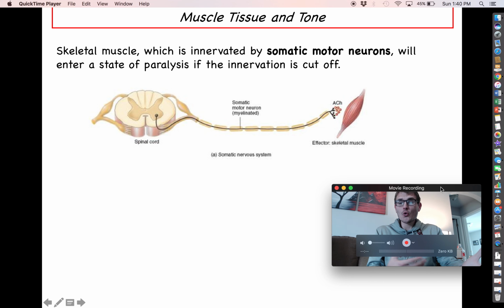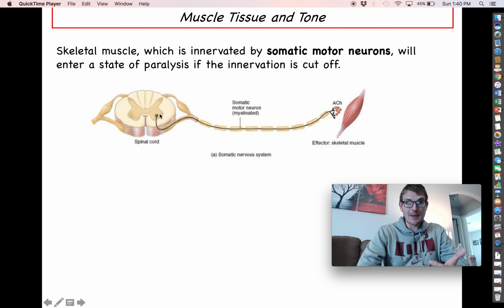There is really no other normal physiological way outside of kind of weird muscle cramps or things like that. There is no real physiological way for a skeletal muscle to become contracted unless a clear-cut message via an action potential comes through a somatic motor neuron.